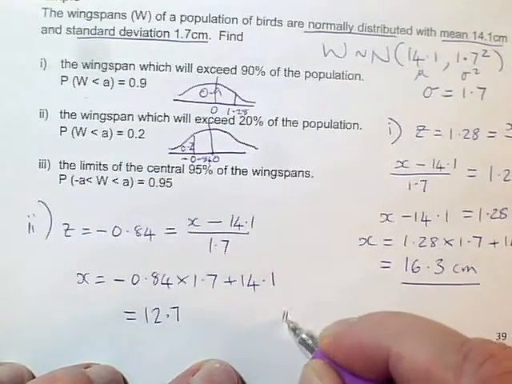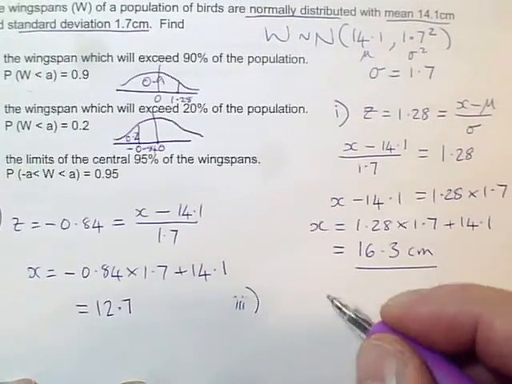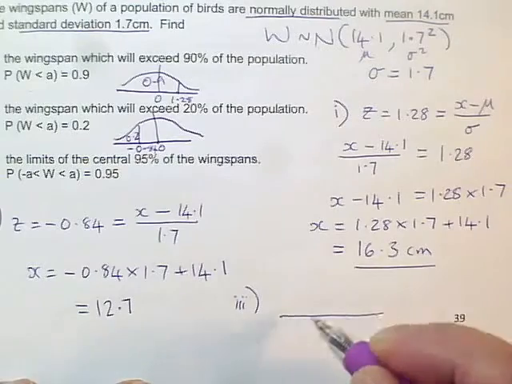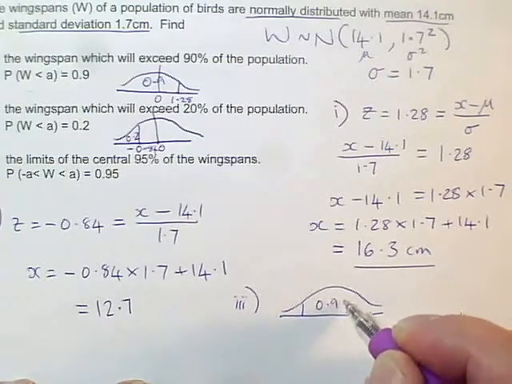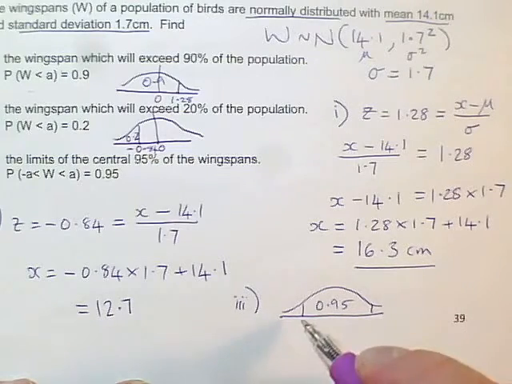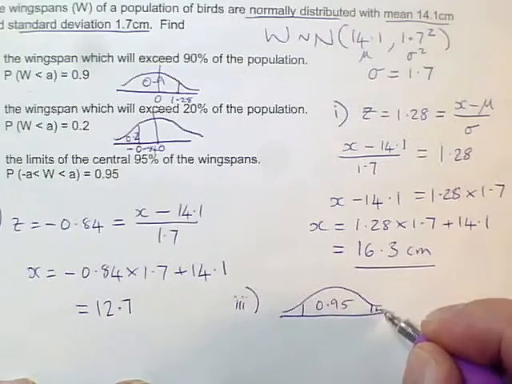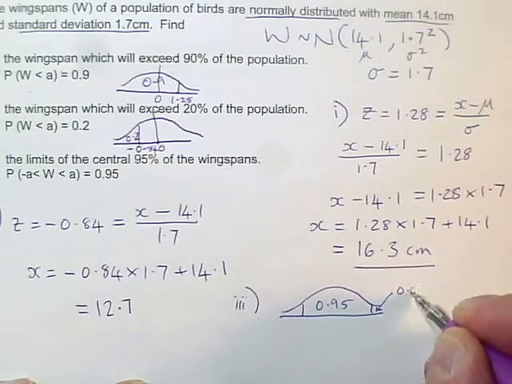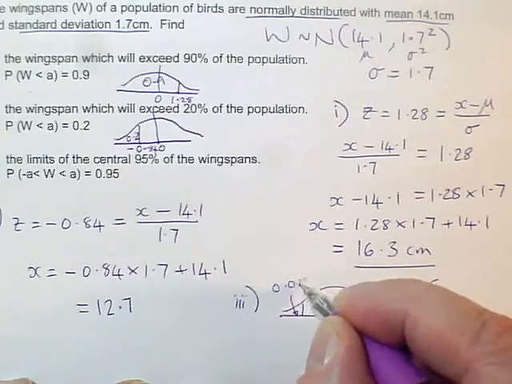And then for the third one, I've now got to work with the central 95% of the wingspans. So this isn't just a single value. We've done an example a bit like this higher up the page, but let's just do it again. So we've got a central probability of 0.95, which means that the remaining 5% is shared between the two edges. So this is 0.025, and this is the other 2.5%, 0.025.